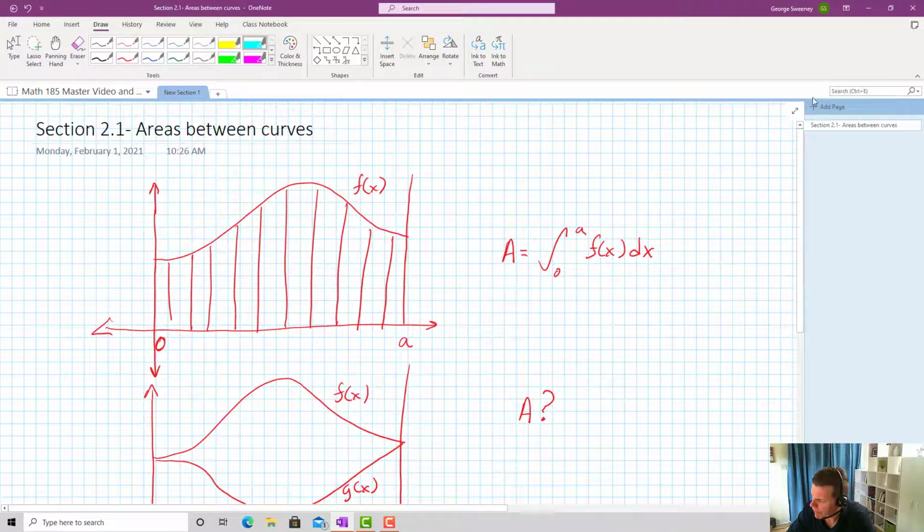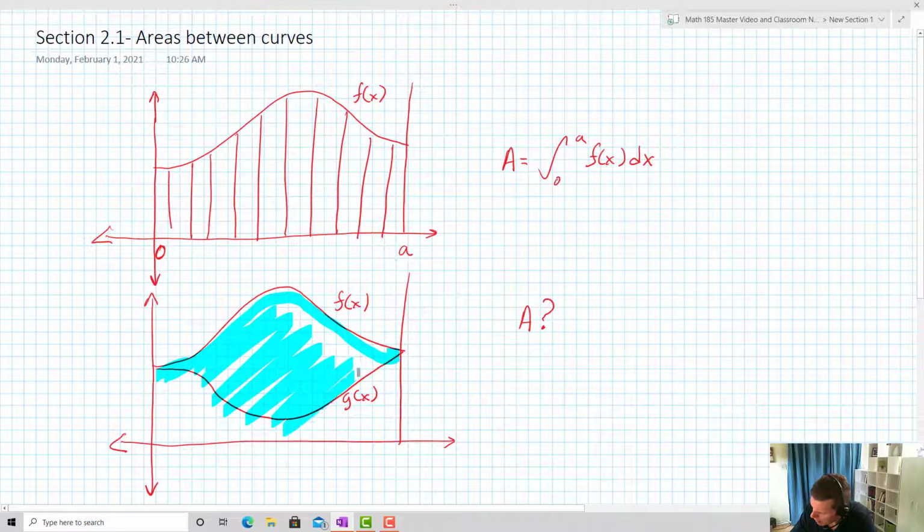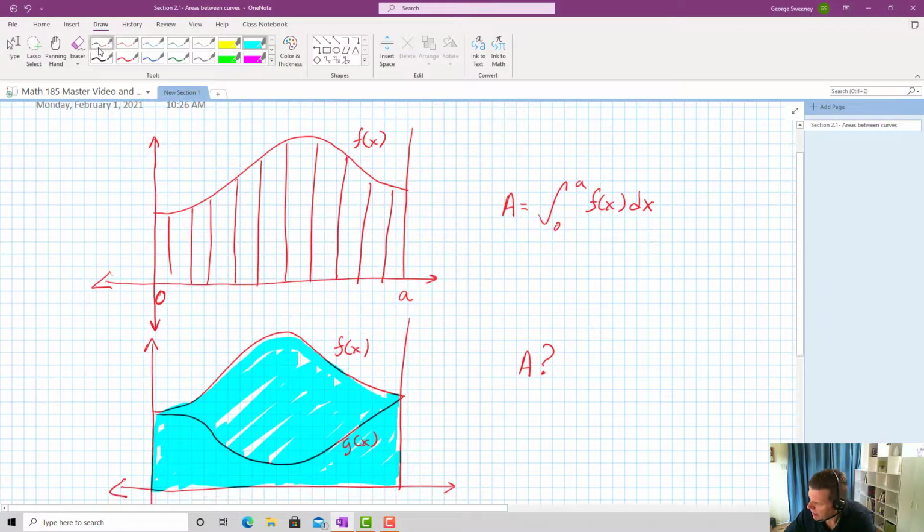If we first look at the area under f, it is going to be this blue area right in here. That's all the area under f. We saw that in the earlier question. And so that area right there is the integral of f of x dx, and again, this is from 0 to a.